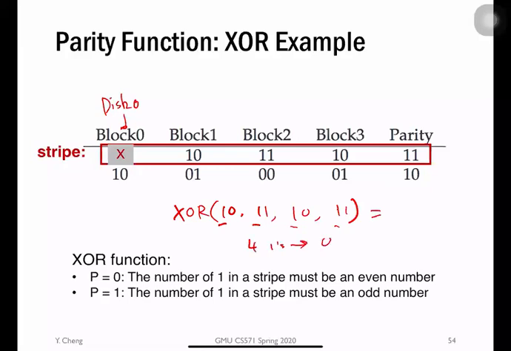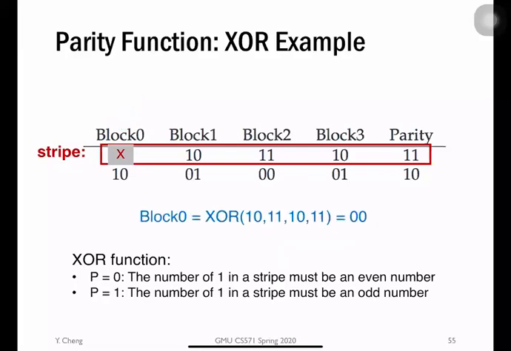So that gives you 0. So the high bit is 0. If you take a look at the low bit, we have a total number of 2 ones. So that gives you 0 as well. So the low bit and high bit are both 0. So we just get that recovered. As a result, block number 0 should contain data 0, 0. So this one gets recovered with 0, 0. Okay? So this gives an example of how to use XOR to recover the data.